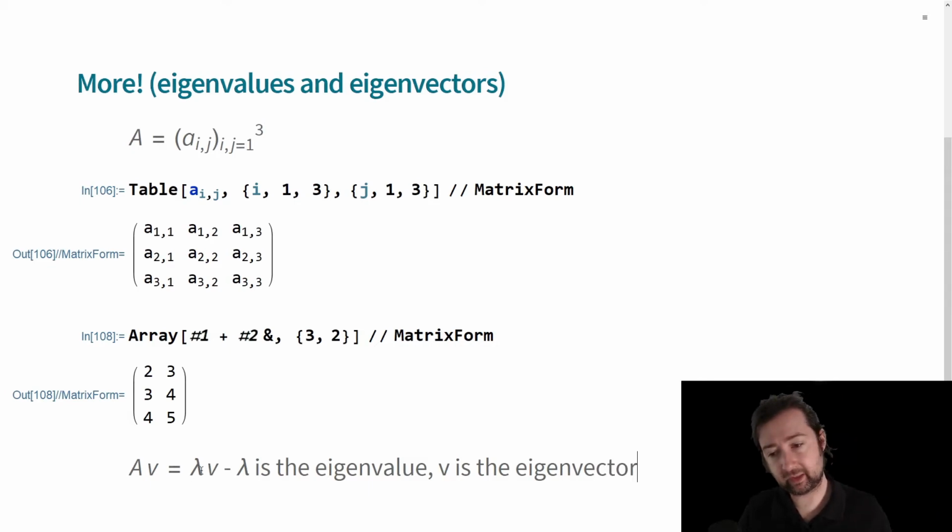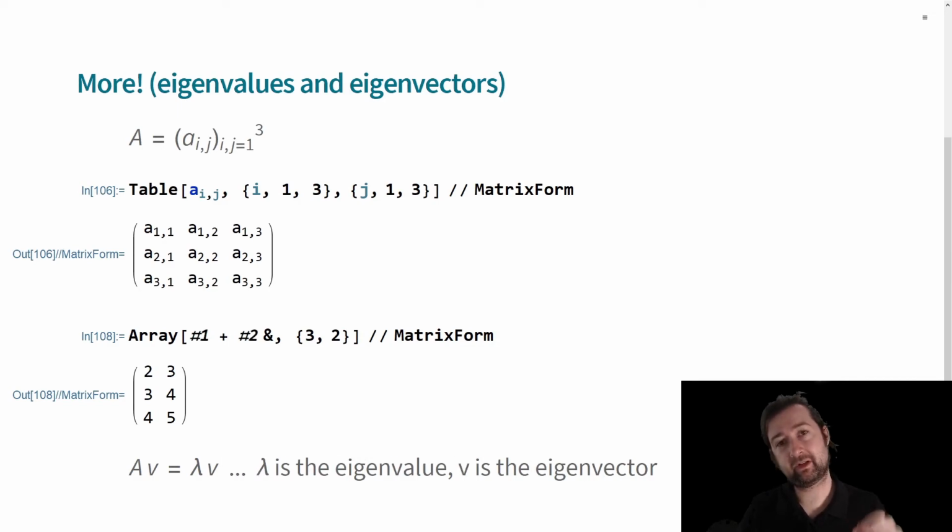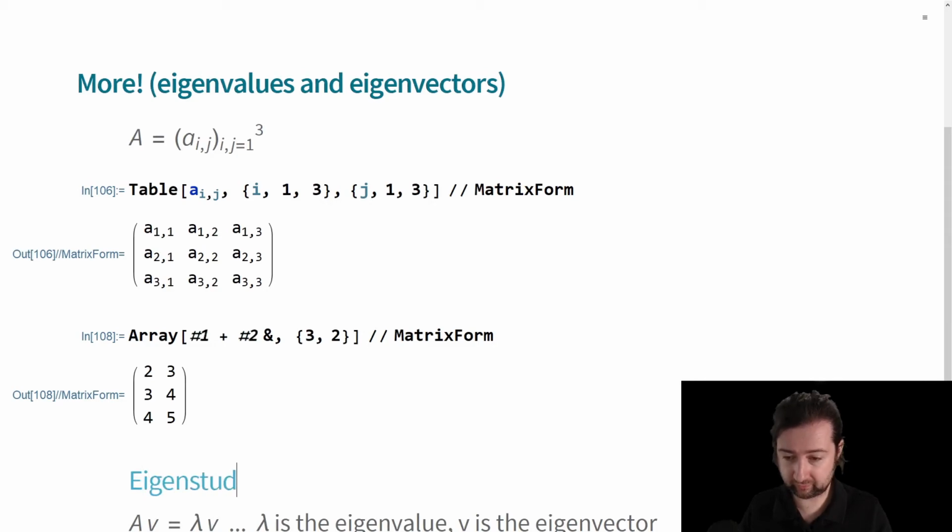I should be careful here with this dash, it's not subtraction. Lambda is called the eigenvalue, v is the eigenvector. A big part of the study of the structure of matrices has to do with finding the eigenvalues and eigenvectors and then rewriting A in terms of those when it's possible to do so. I'm going to call this section Eigenstuff.